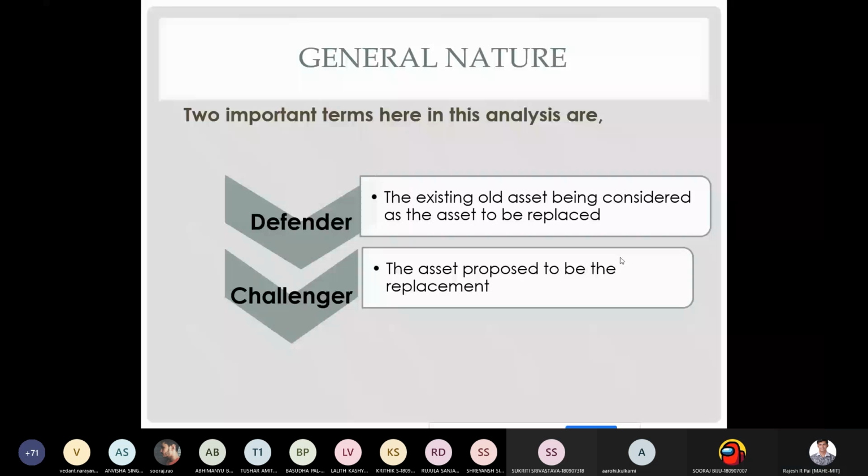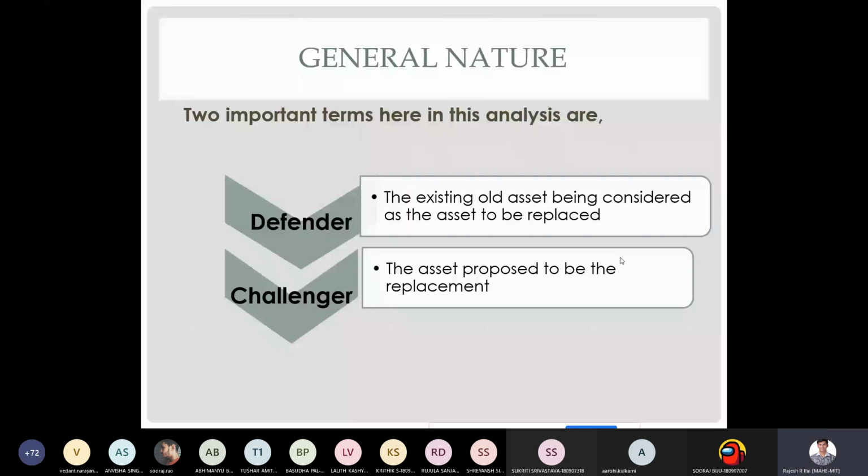It is an old machine. The challenger is a new machine which is available in the market, or which a salesman or other supplier is proposing to the organization.